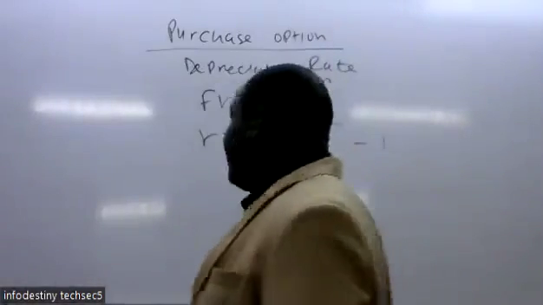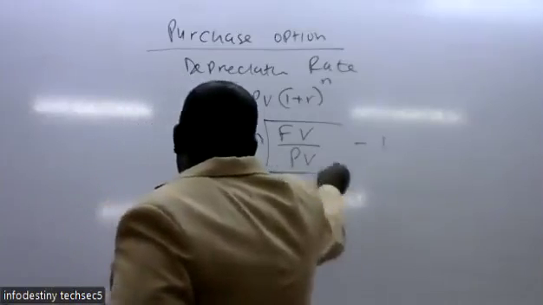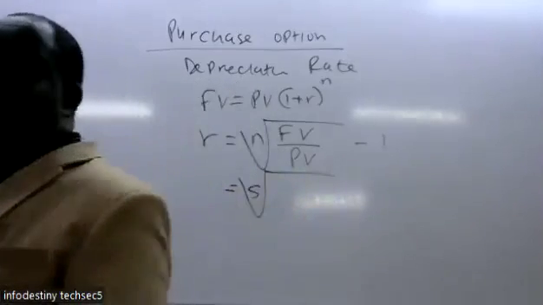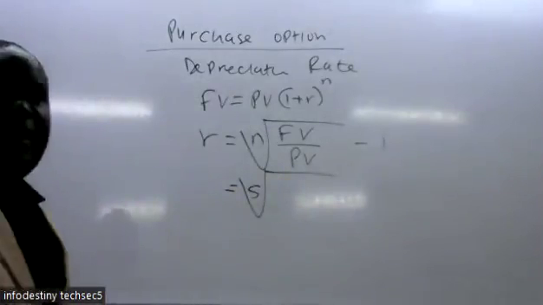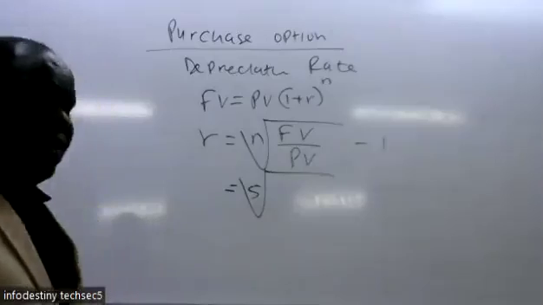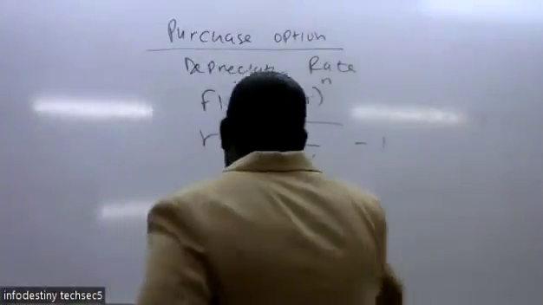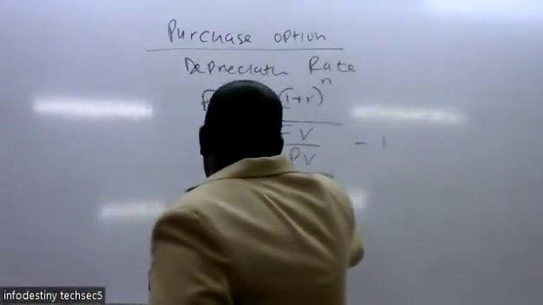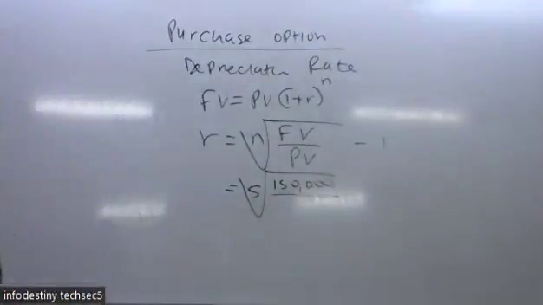5 years. So N will be 5. Then the future value is the salvage value after 5 years. How much is that salvage value after the 5 years? So it is 150,000. Present value is the initial cost.